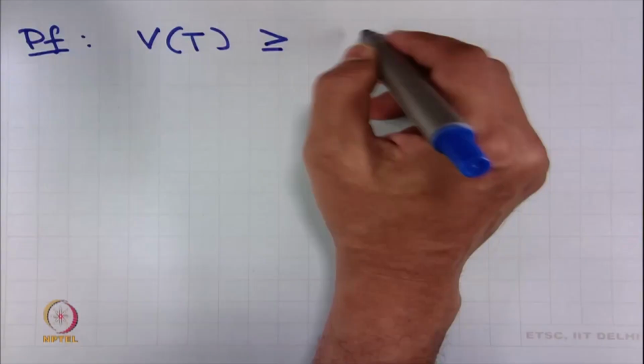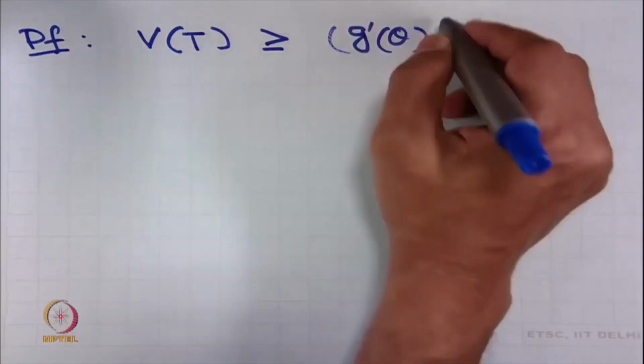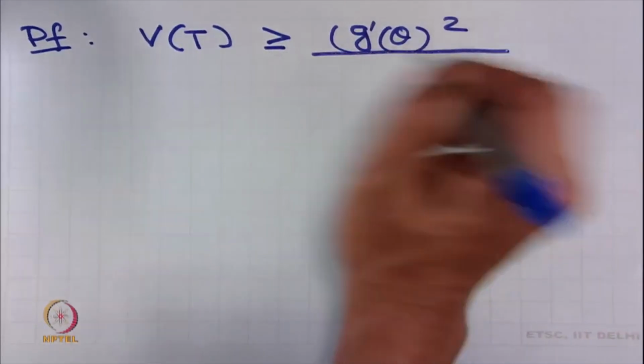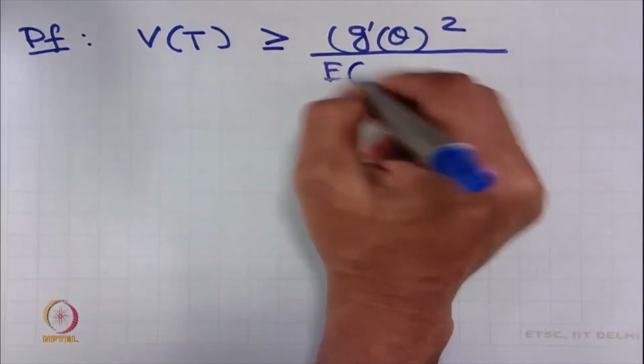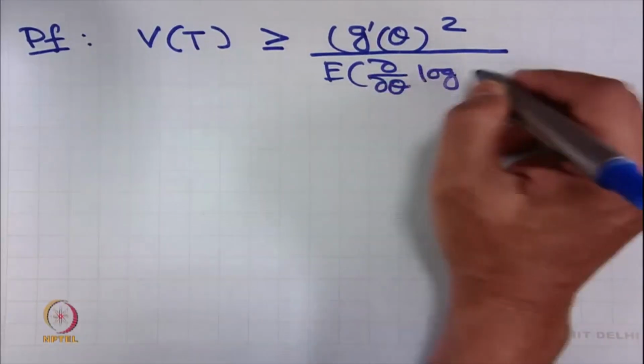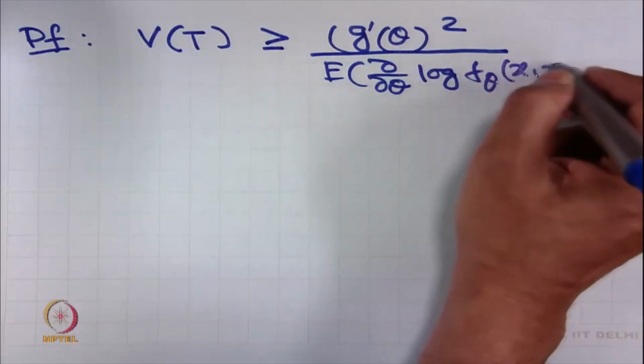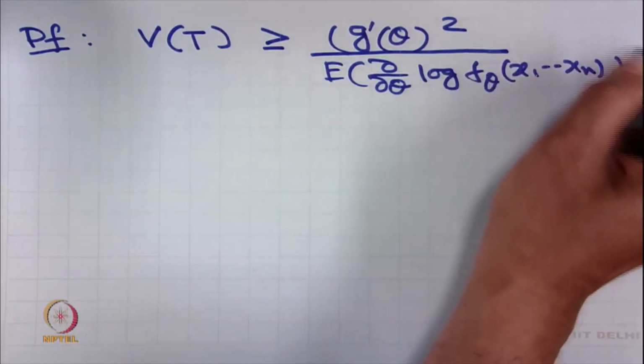that is, prove that variance of t is greater than or equal to g prime theta whole square upon expected value of del theta log f theta of x 1 x 2 x n whole square.